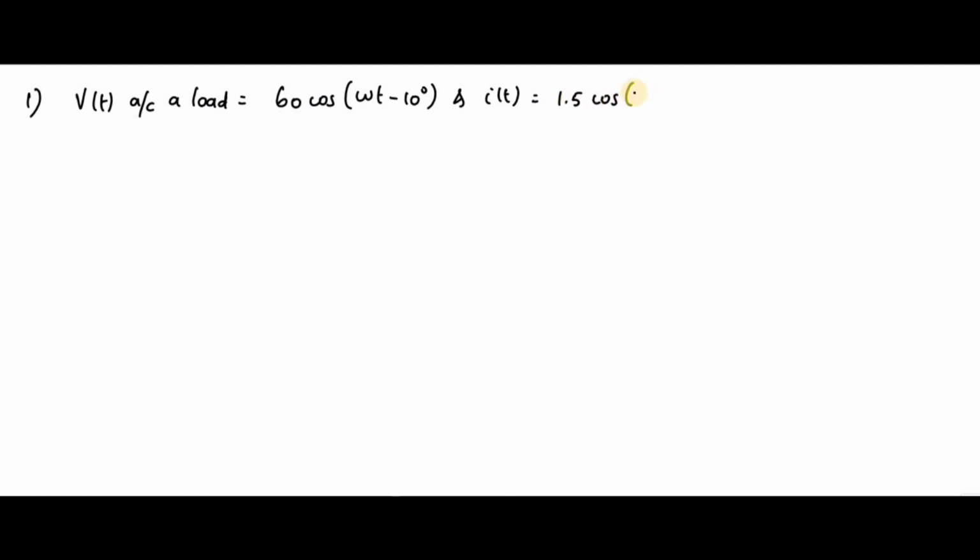So consider they have given one problem, and that is the voltage across the load, v(t) equal to 60 cos(omega t minus 10 degree), and the current through the element i(t) is equal to 1.5 cos(omega t plus 50 degree).